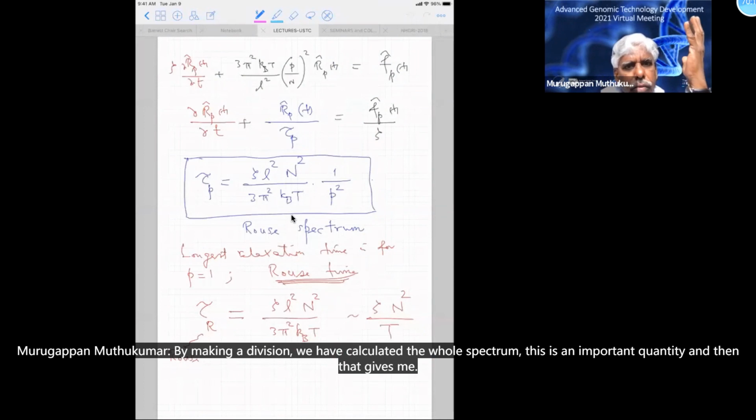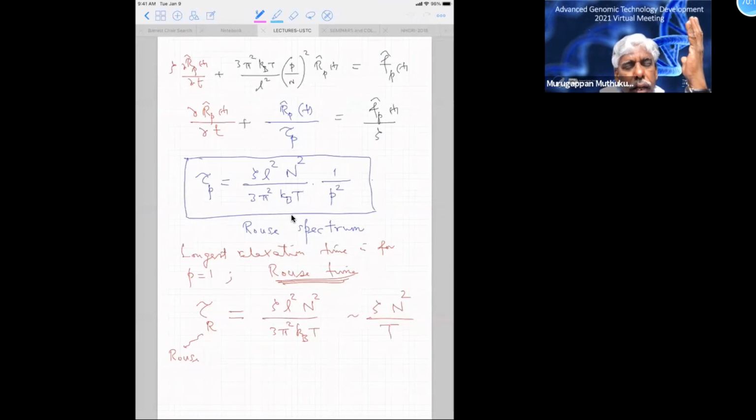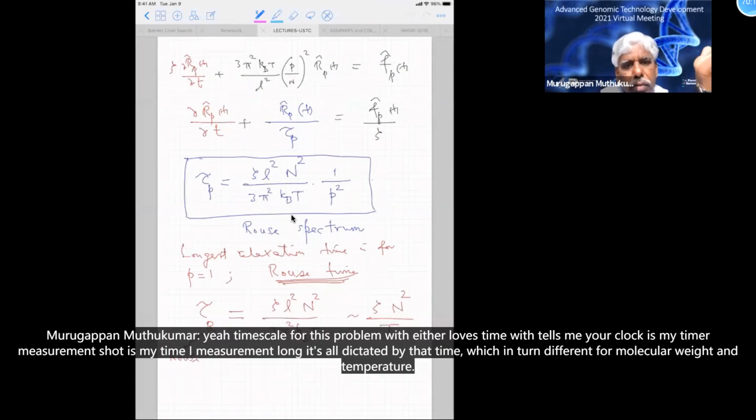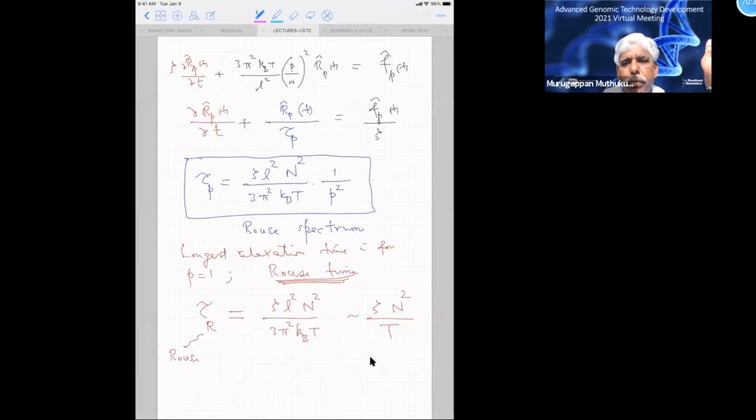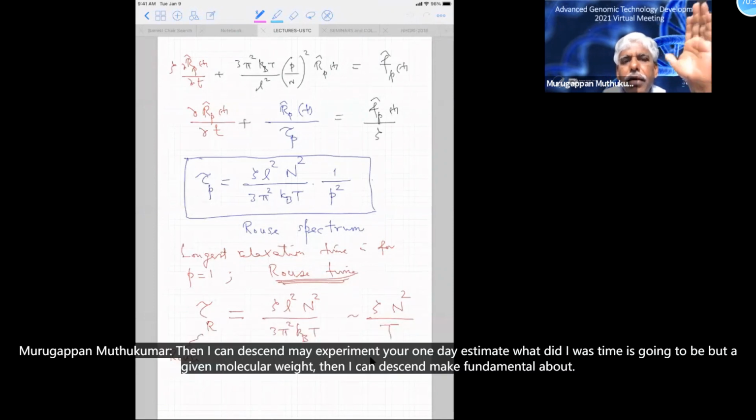And then that gives me a time scale for this problem, which is the Rouse time, which gives me a clock. Is my time of measurement short? Is it long? It's all dictated by this Rouse time, which in turn depends on molecular weight and temperature. Then I can design my experiment.